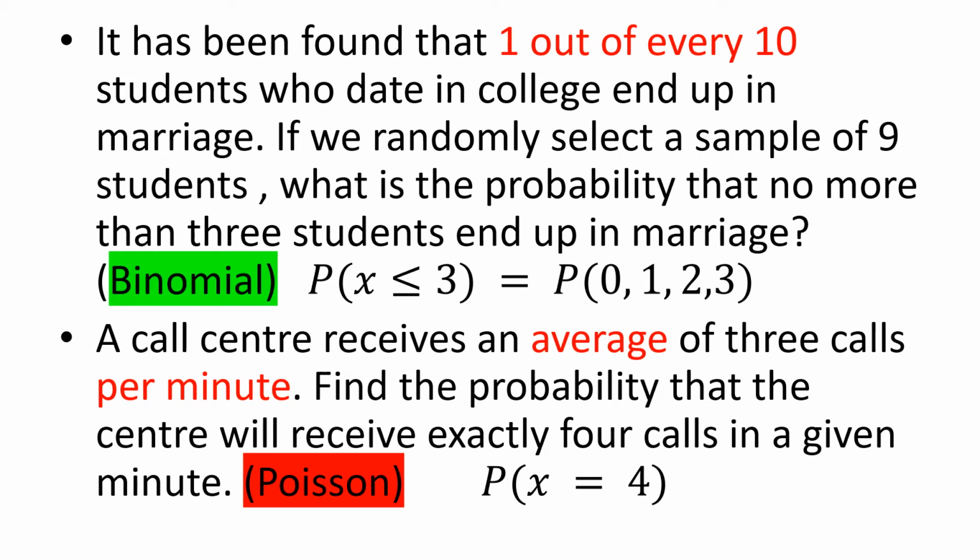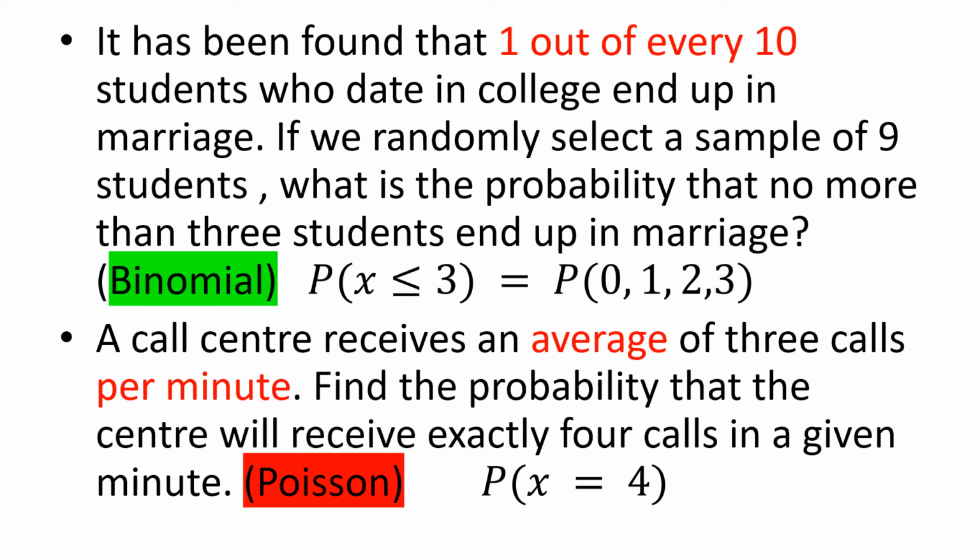If we randomly select a sample of 9 students, what is the probability that no more than 3 students end up in marriage? This is binomial because there is an exact probability. And when you are looking at the probability no more than 3, it means you're including 0, 1, 2, and 3. Let's jump to the next one.